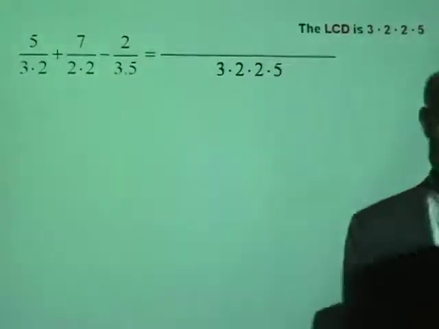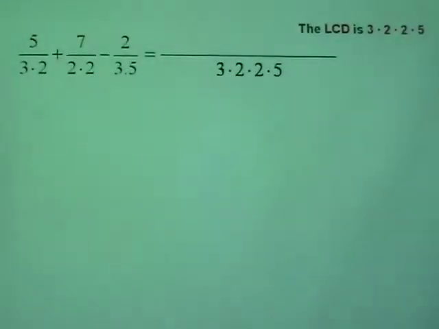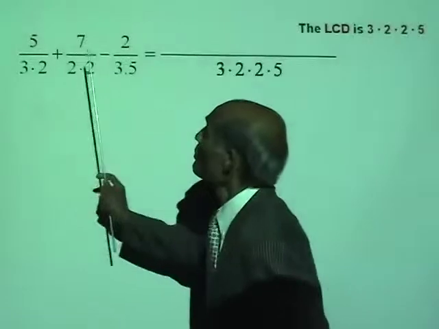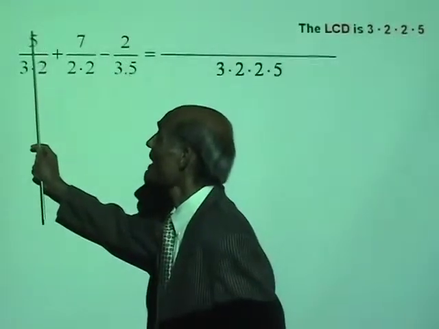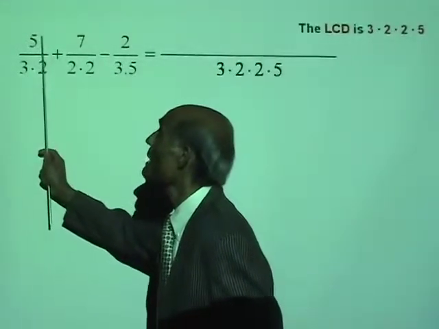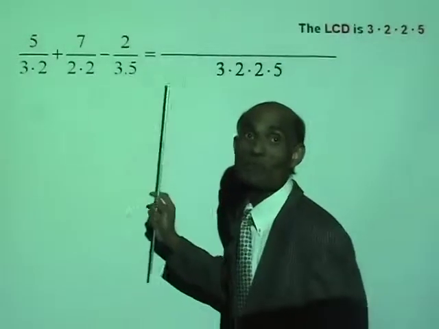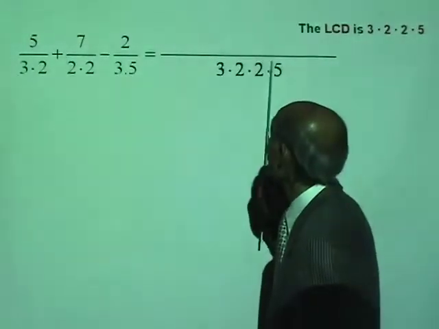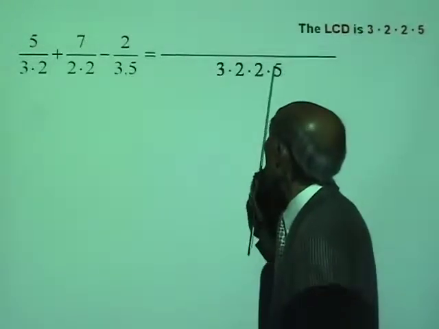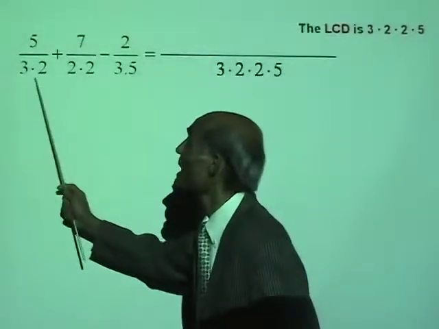Well, the method is very simple. First of all, we need to see what is the number you are going to multiply this 5 with. To get that number, you divide this LCD by this denominator.